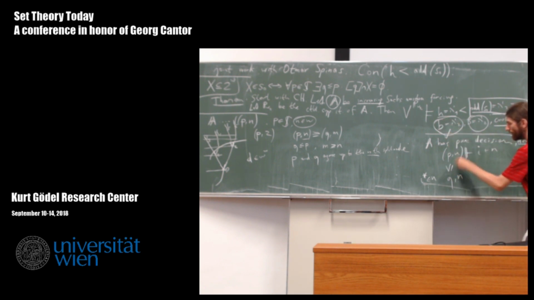You leave the n untouched, but just shrink the tree, which forces this name to be this i star. So between finitely many things, you can decide by just shrinking the tree.